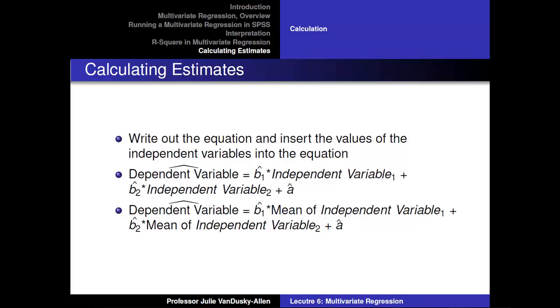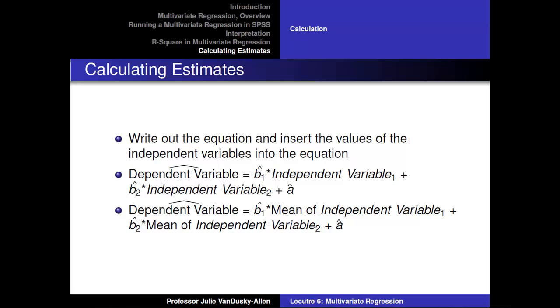You should make sure these values make sense given your data. For example, often we want to know what the estimate of the dependent variable is when all the independent variables are at their means. So we calculate the means of the independent variables and insert them into the equation. We could also make estimates for when the independent variables are at their minimums or at their maximums.